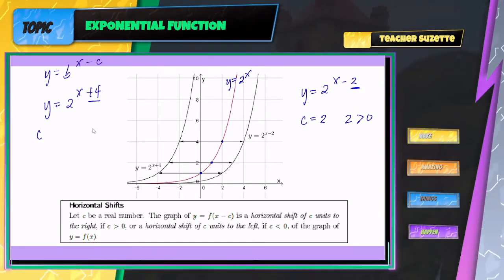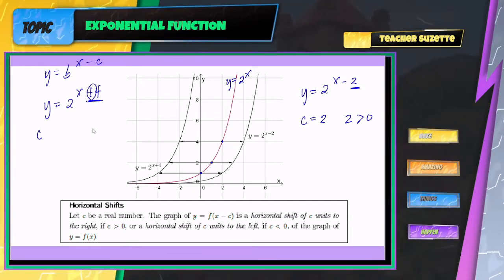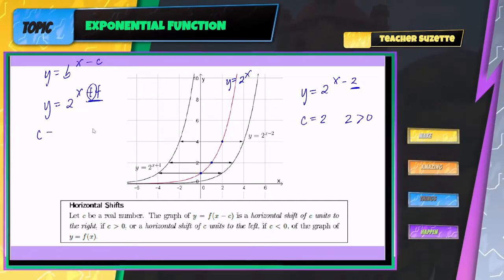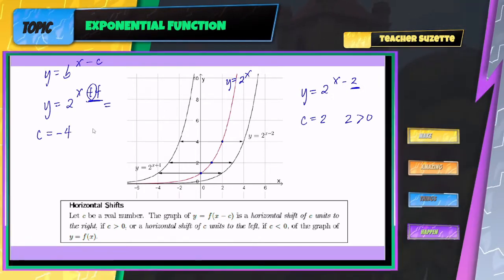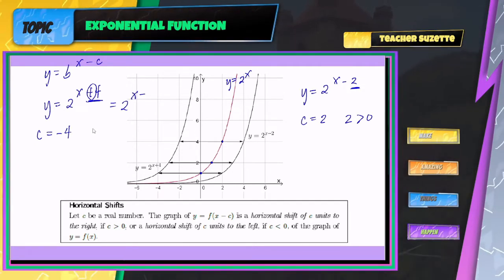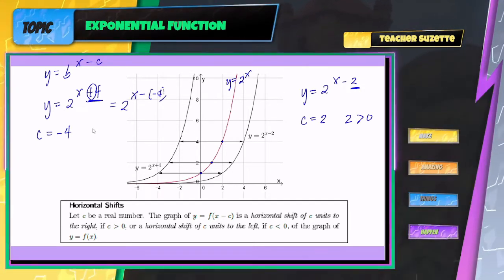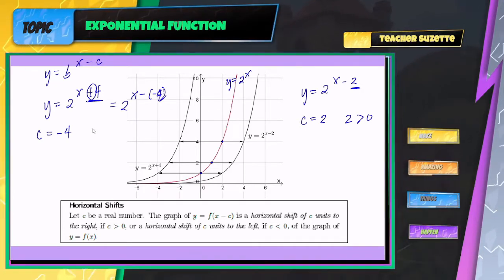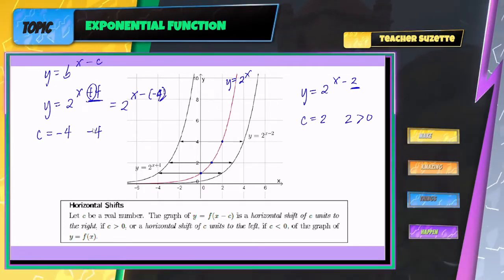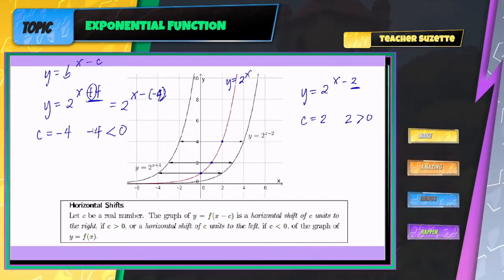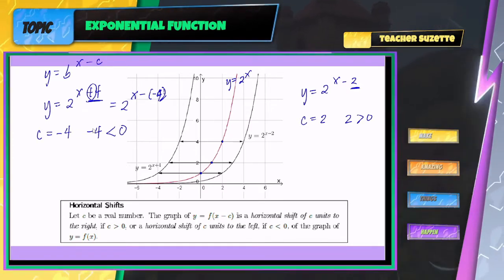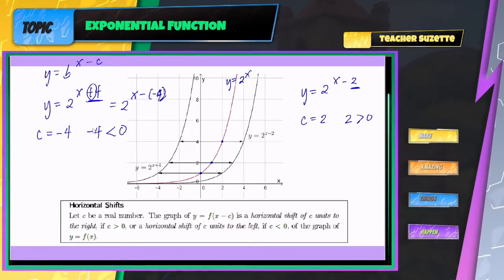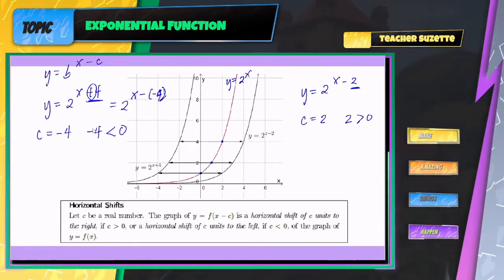So, for this one, para maging plus yung operation dito, ibig sabihin, ang c natin is negative 4. So, that is, pag in-expand natin, this is y is equal to 2 raised to x minus negative 4. So, parehas pa rin naman po siya ng value. So, negative 4 is obviously less than 0. So, our horizontal shift will be negative 4 or 4 units to the left.